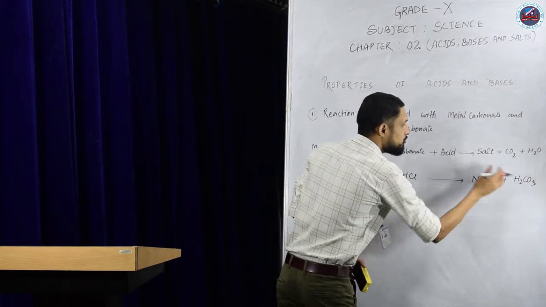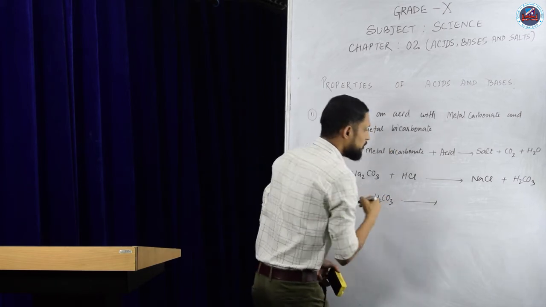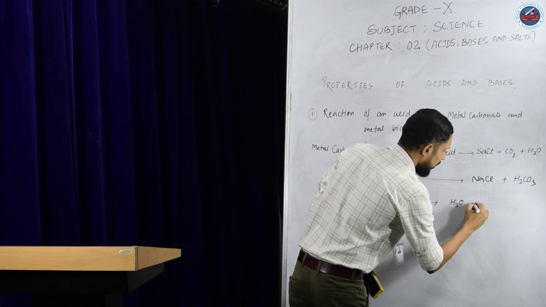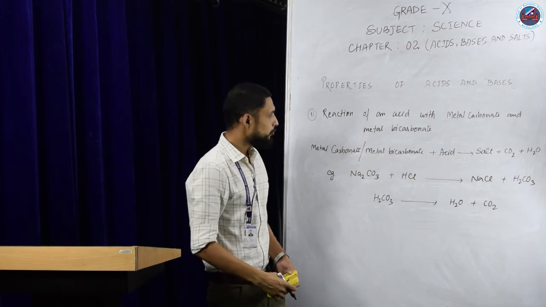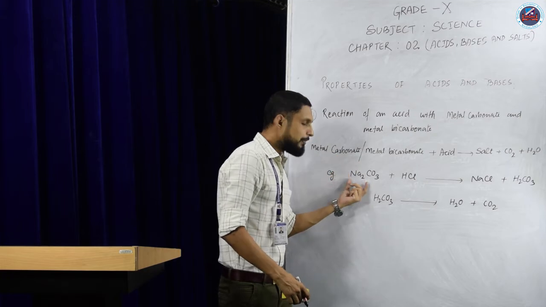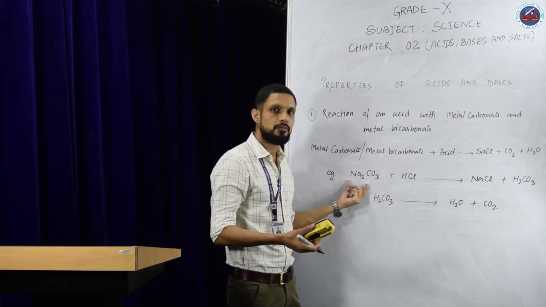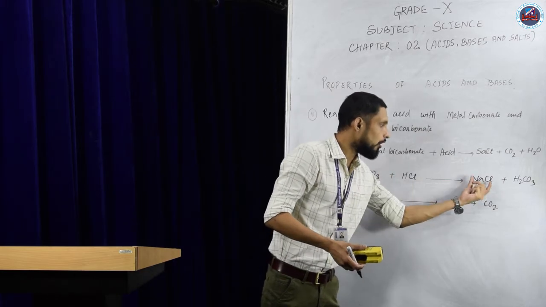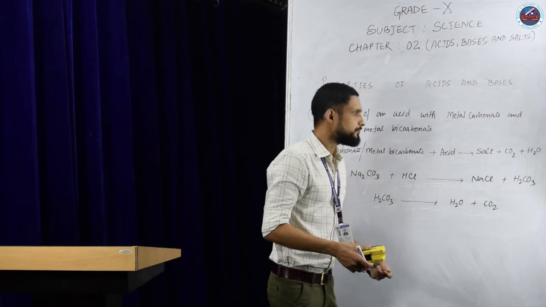Now this is unstable. H2CO3 is unstable, so it will decompose to form H2O, that is water molecule, and carbon dioxide. So we can say metal carbonate, like sodium carbonate, magnesium carbonate, calcium carbonate, if they react with an acid, they form salt, water and carbon dioxide.